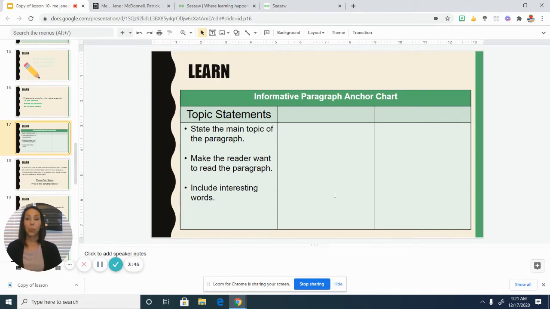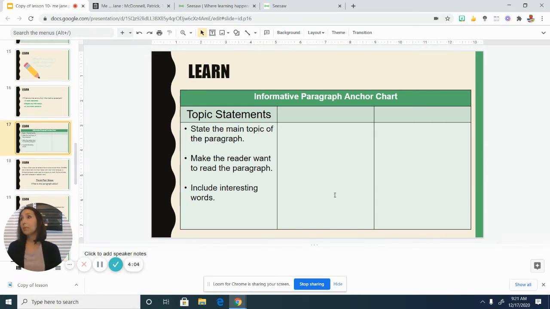They might include interesting words or something that is going to capture the reader's attention so that the reader thinks, oh, that looks pretty interesting. I think I want to continue reading this because I want to learn a little bit more about that.